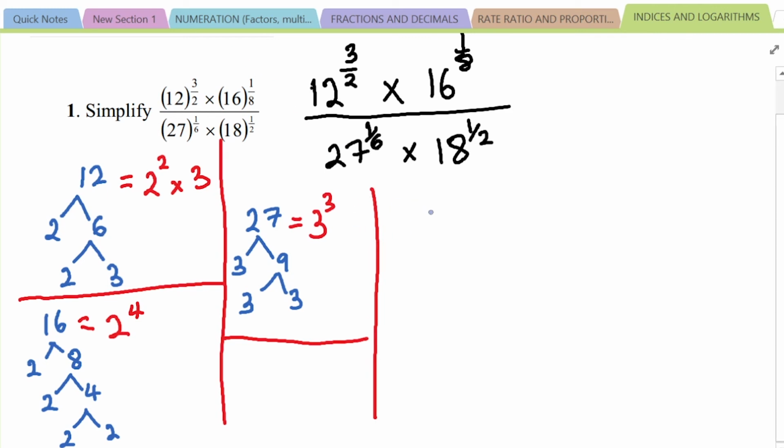We simplify this. 18 by 2, we end up with 9. By 3, we end up with 3. So it means that our 18 here is going to be given by 2 times 3 squared. That is what it's equal to.